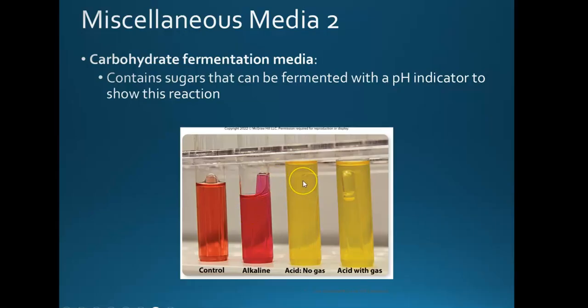So you see a change if it's able to ferment the carbohydrate. And then, as we mentioned, being able to see gas that might be produced. There are actually little tubes in this broth media, inverted upside down. If gas is produced, it gets trapped at the end of the tube, and you see a little bubble there that shows that it has produced gas.